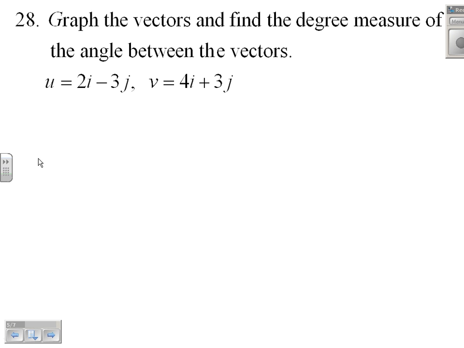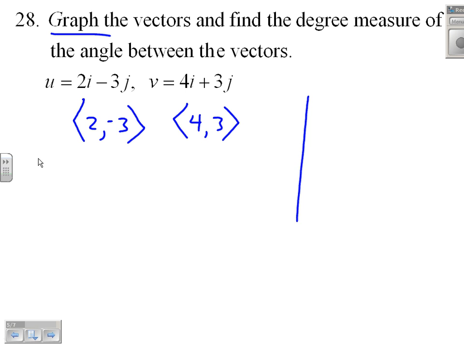Okay, here we have basically the same problem, and this time it asks us to sketch the graph. Here we have u, again, 2, negative 3. We have v in component form as 4, 3. If we were to sketch this, we would have something along these lines: 1, 2, 3, 4.